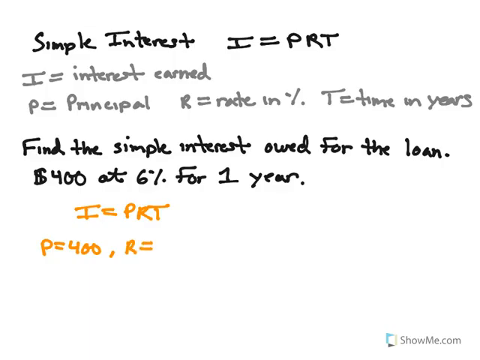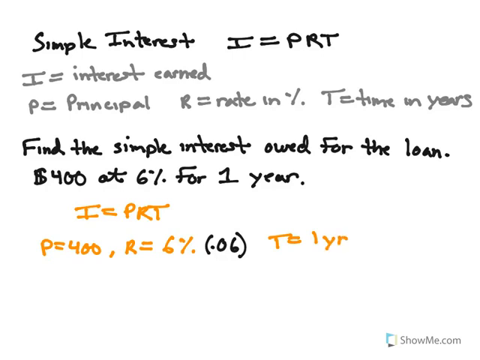The rate is going to be 6%, but when we use the formula, we have to convert that into a decimal, so that's going to be 0.06. You move the decimal 2 places to the left, add the 0, and it becomes 0.06. And then the time here is going to be in years, so it's going to be 1 year.